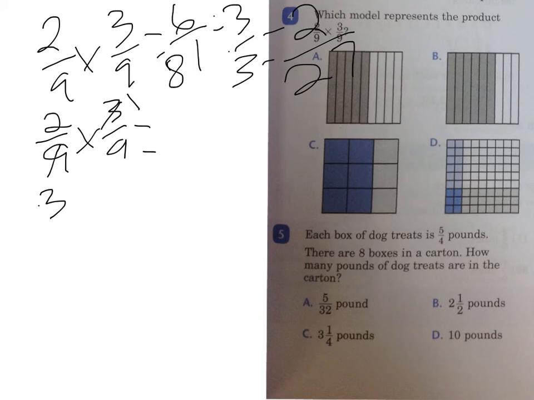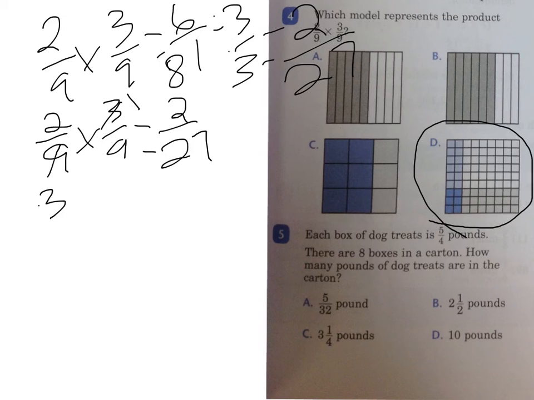So then we're going to come up with 2 times 1 is 2, and 3 times 9 is 27. So there's our answer there. And so when you look here, right here is D, is your answer, 2 over 27.